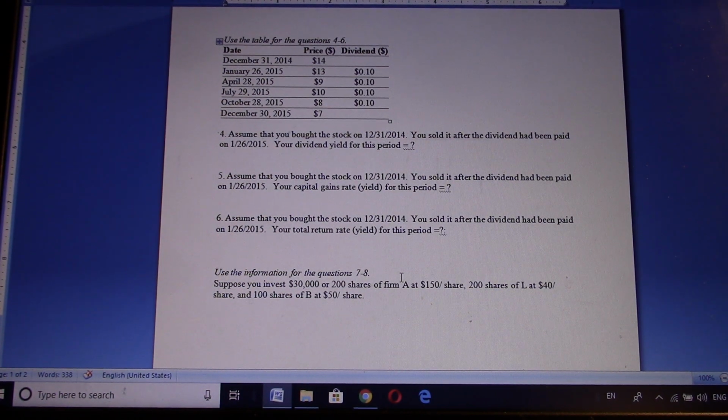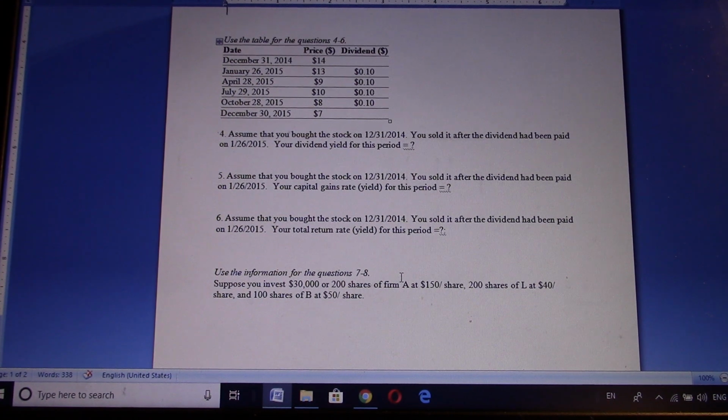On December 31st, 2014, the stock price is $14. On January 26, 2015, the stock price is $13. The company paid 10 cents of dividend, and also paid dividends 3 other times. Also, the stock price on December 30th, 2015 is $7. So this is the information given.